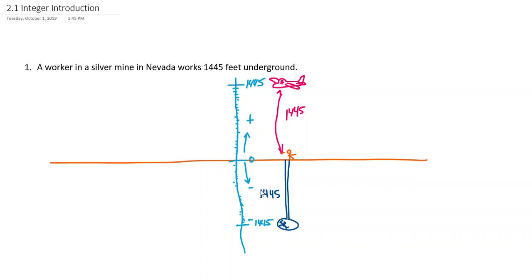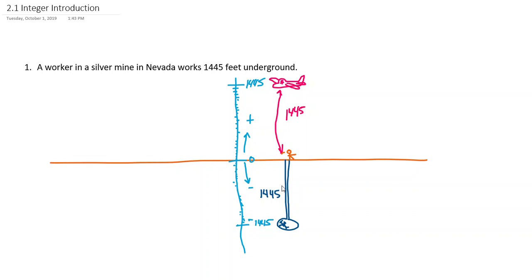So we'll call this negative 1,445 because it is the opposite of what we might call the positive 1,445, which would be up in the air. So positive would be up, negative would be down. Now, there's no rule that says going up is positive and down is negative, but it just sounds more natural to us.